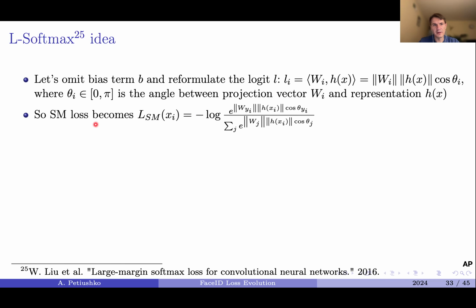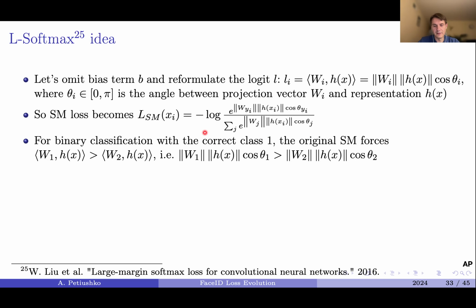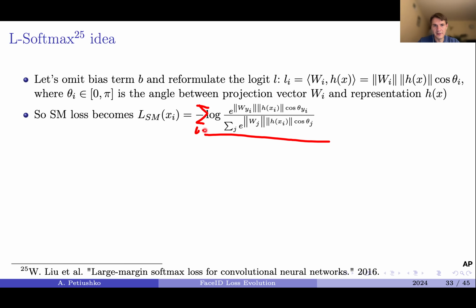In this case, softmax loss becomes like this, and we need here to sum over the whole training data set. This is the softmax for xi.